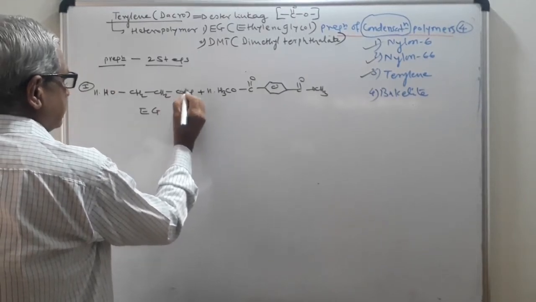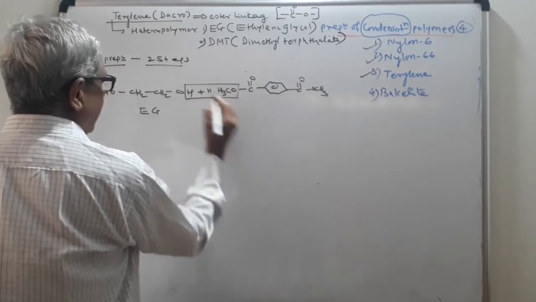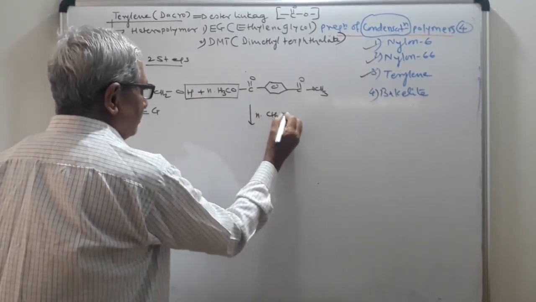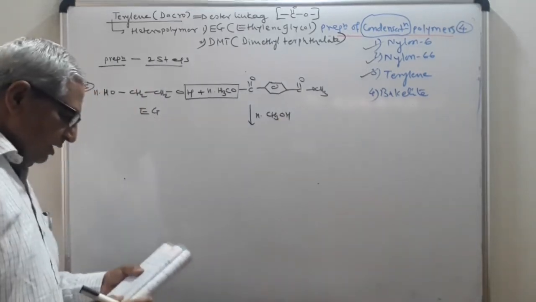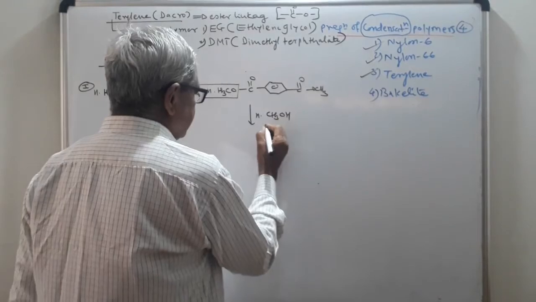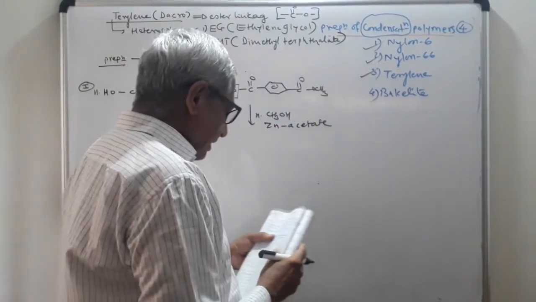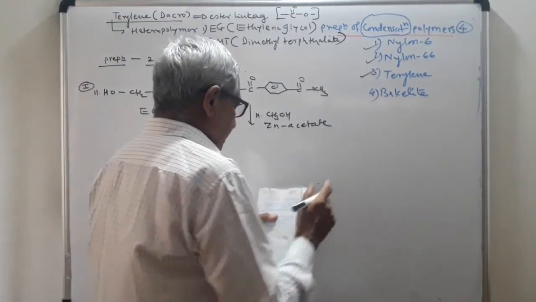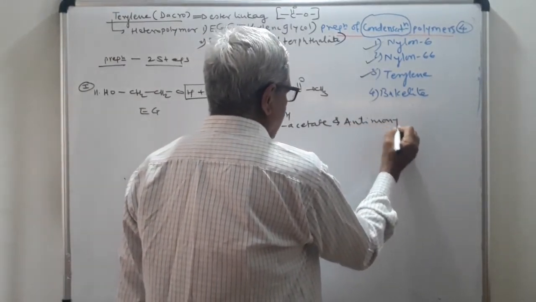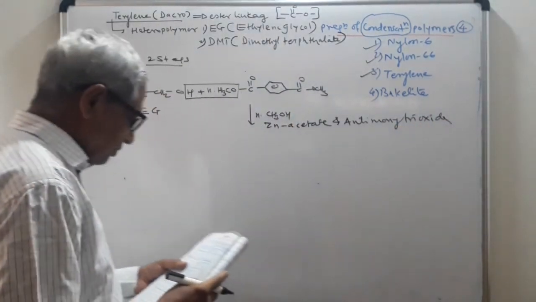Then nucleophilic addition and elimination reaction will take place. You can remove n molecules of methyl alcohol. Here the catalysts used are zinc acetate and antimony trioxide. These are the catalysts used here.